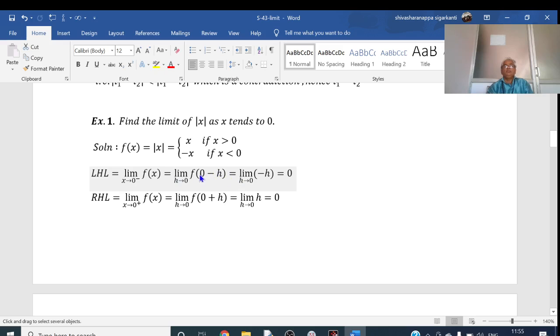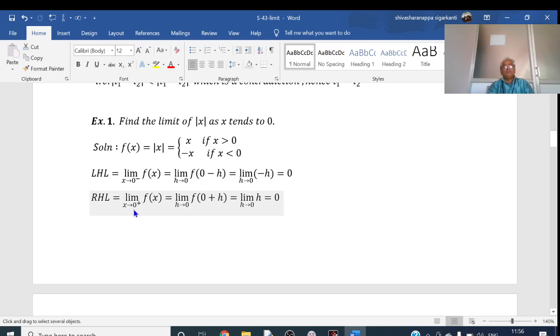This is a negative quantity, so it is minus of x. So this is equal to the limit of minus h as h tends to 0. If I put the limit as h tends to 0, I am getting minus of 0, which is equal to 0.